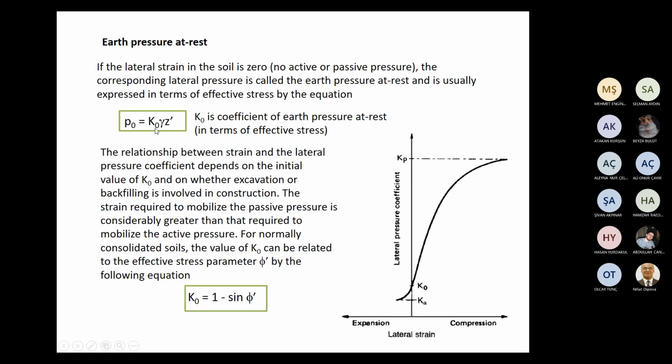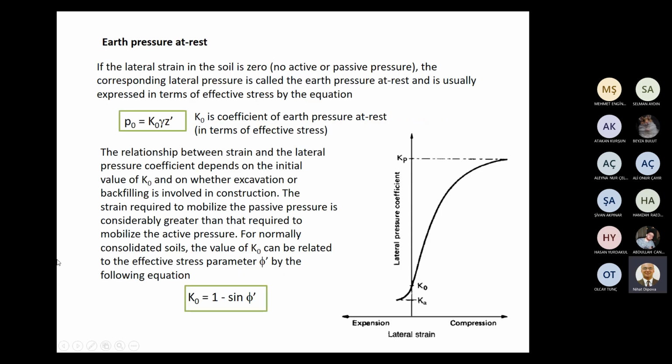K0 here. This is coefficient of earth pressure, but coefficient of earth pressure at rest. 0 means at rest, and K0 is the coefficient of earth pressure at rest.